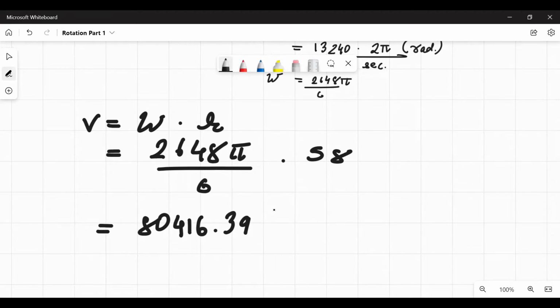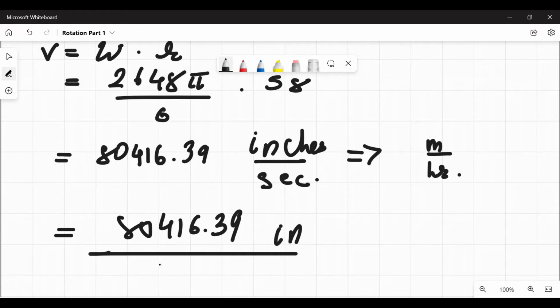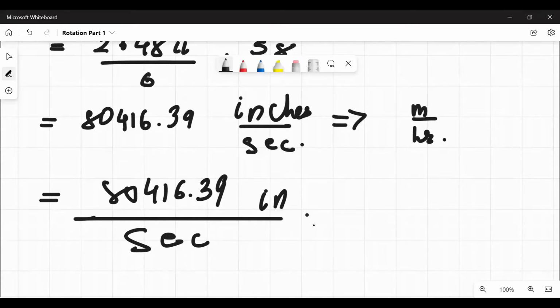This unit is inches per second, and we want speed in miles per hour. So this is 8,416.39 inches per second, and we want to make it into miles per hour.